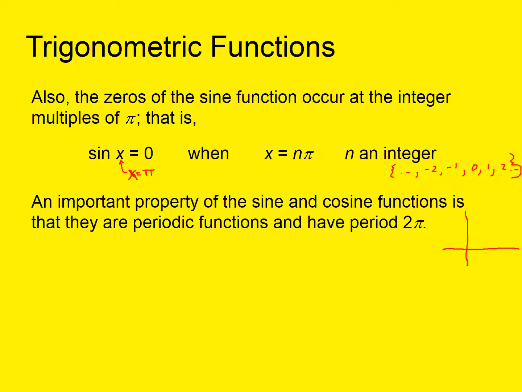For sine, once it does this, all there is for it to do is to keep doing that same thing over and over as you go to the right or to the left. And that distance is 2 pi in the horizontal.